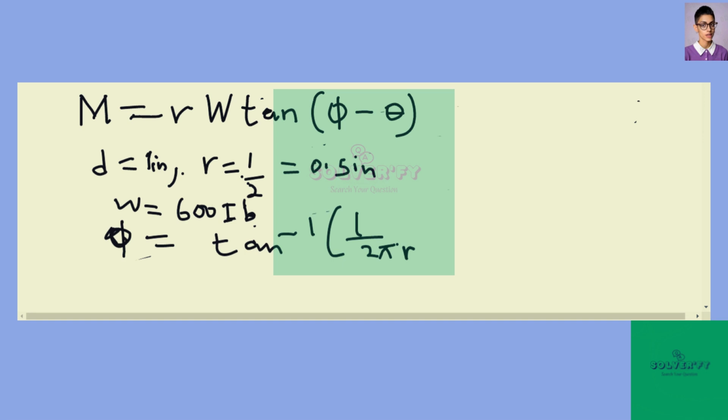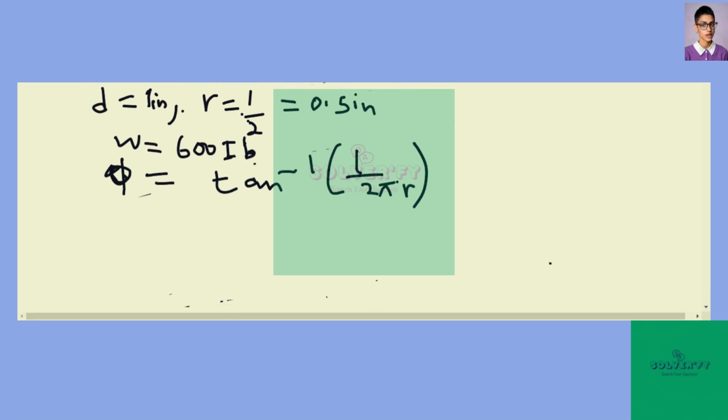Of course, the lead is given. All you need to do is to plug in all the values in there. When you plug in all the values, you're going to arrive at 4.6 degrees as the lead angle.